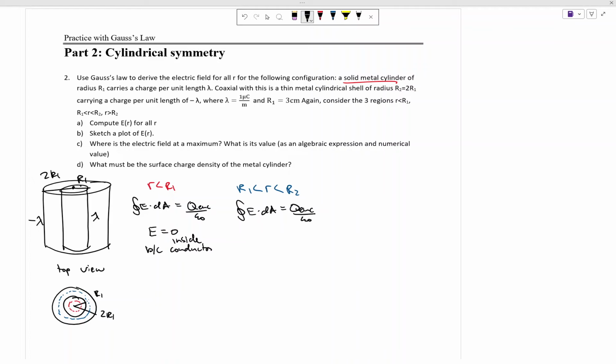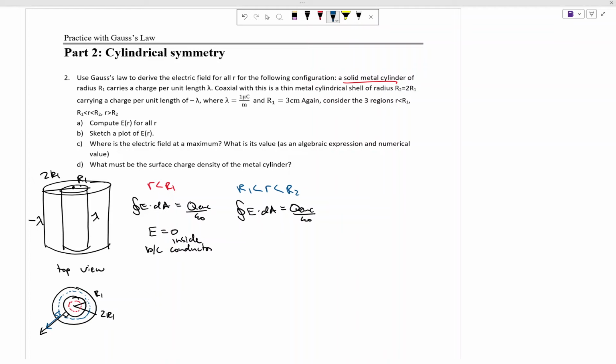Now, the argument is the same as with the spherical case, although now we're talking about a cylindrically symmetrical situation. So considering our blue surface, the electric field still points radially away, and the area vector also points perpendicular to our cylindrical surface.